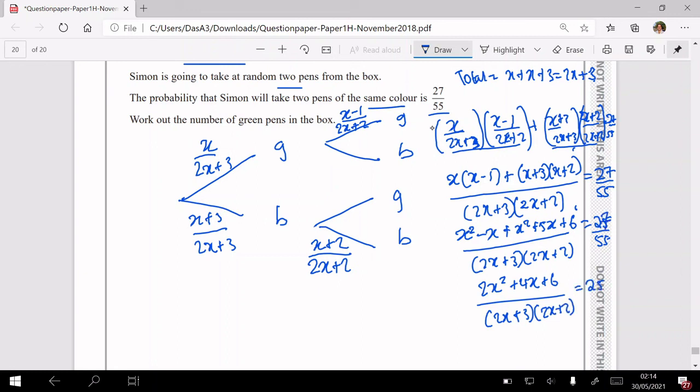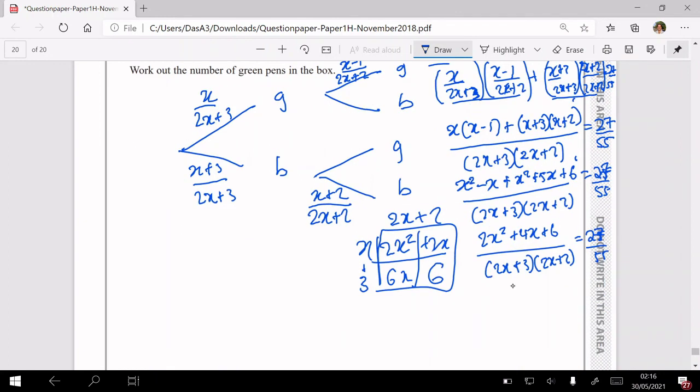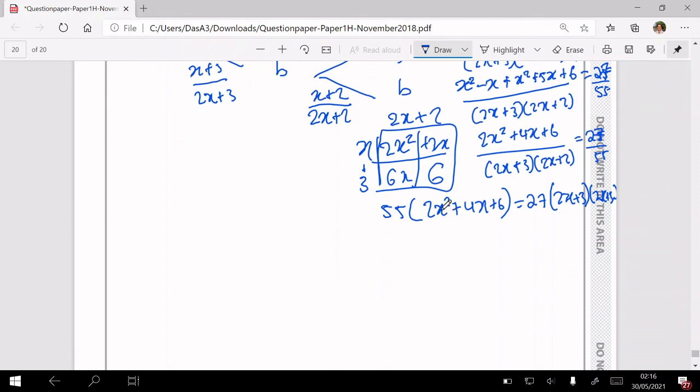27 over 55. Cross multiplication here, so that means 55 bracket 2x squared plus 4x plus 6 is equal to 27 bracket 2x plus 3 bracket 2x plus 2. And let's carry on and solve this.